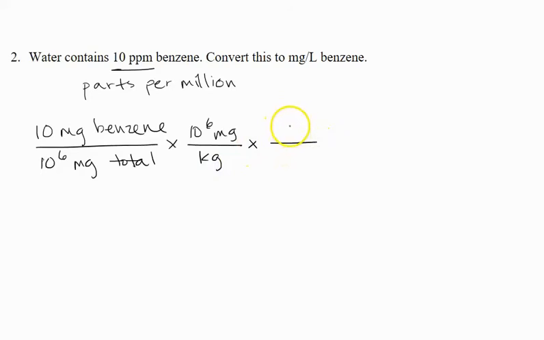So I'm going to use the density of water, which is 1 kilogram per liter, because this particular example is water. Okay, this is really important. Realize that if you're ever converting between parts per million and a mass or molar concentration, you're going to need to use the density. And this is exceptionally important.